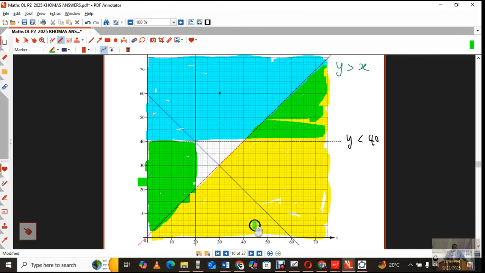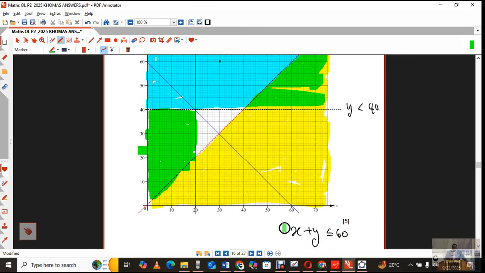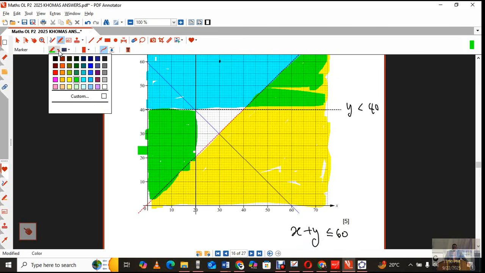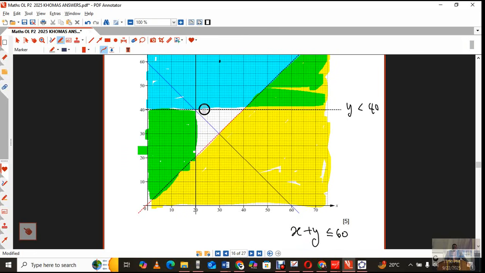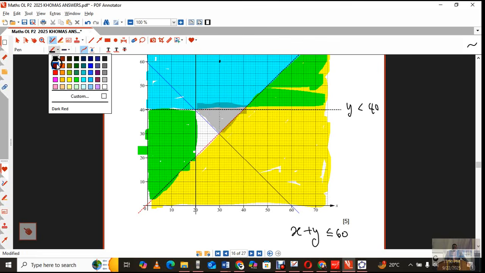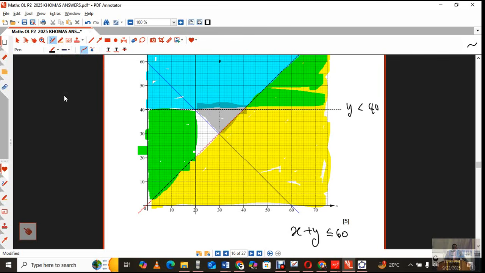Now the last one. x plus y is less than 60. Less than is below, so you will be shading above. This is the part that must be shaded. So everything else is now shaded, and what is not shaded is where our R would be.